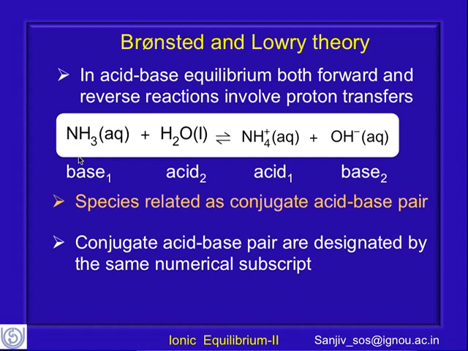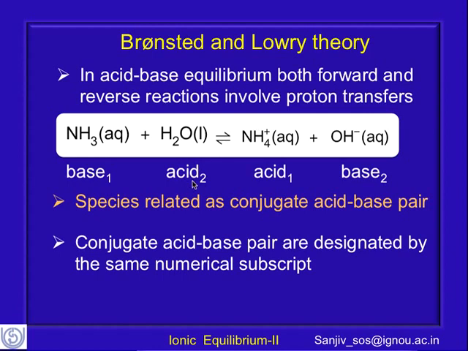It takes up a proton and becomes an acid there. So that ammonium ions and ammonia, they are related. They are related as conjugate acid-base pair. So ammonium ion is an acid, whereas ammonia is a conjugate base of ammonium ion. Similarly, water is an acid and OH ion is a conjugate base of this acid there.